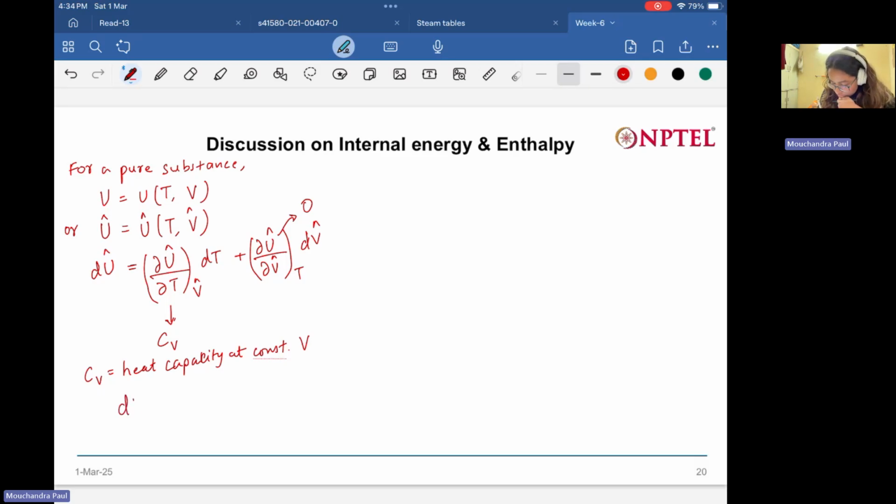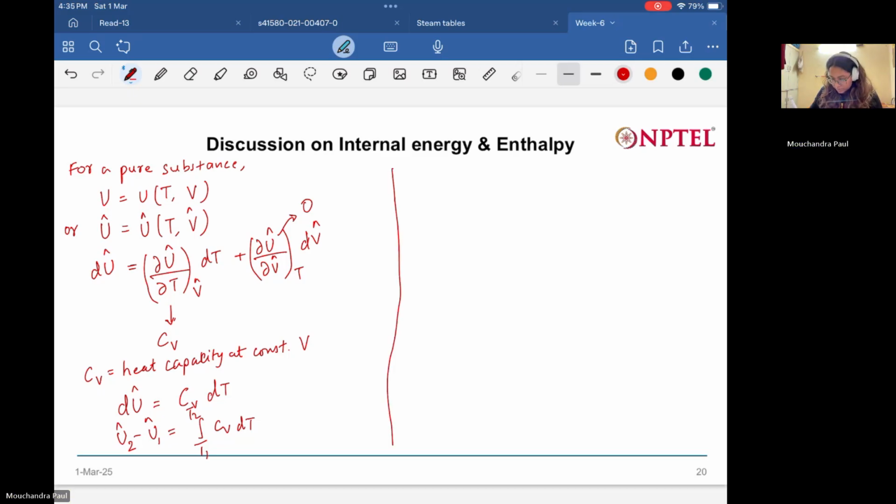So change in specific internal energy becomes CV dT. If you take the integral on both sides, you will get something of this form.